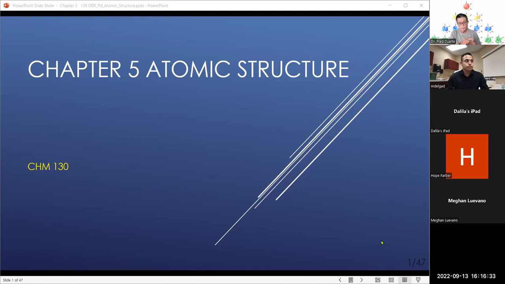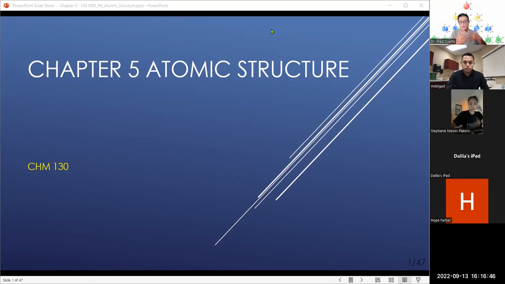We talked about the proton, the neutron, and the electron. The basic model was that in the nucleus are the proton and the neutron, and somewhere in the atom are the electrons. So that's our basic model.